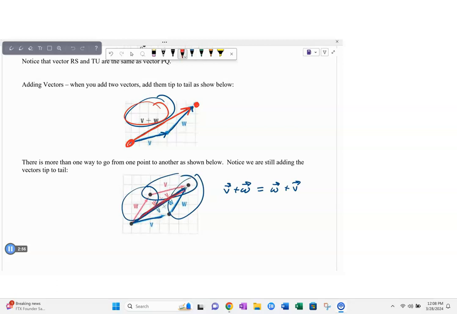So w plus v. The commutative property of addition holds, and the associative property holds too. If you do v plus w first before you add it to u, it's the same as u plus v plus w. So the associative property holds for vectors as well.